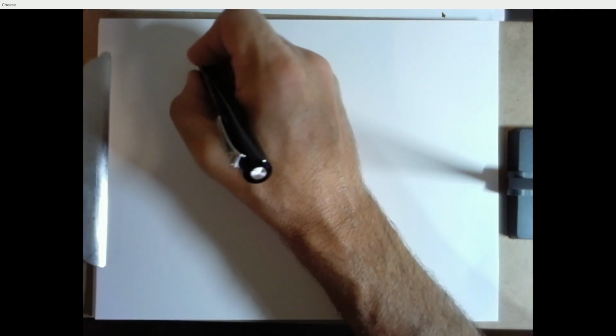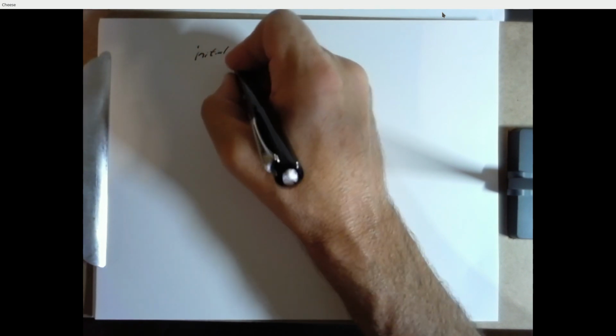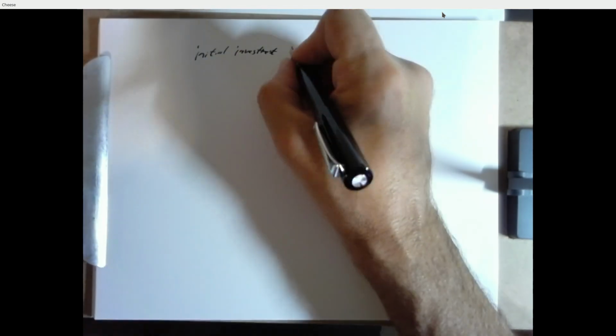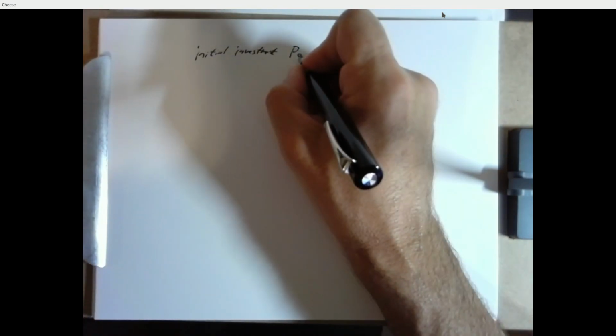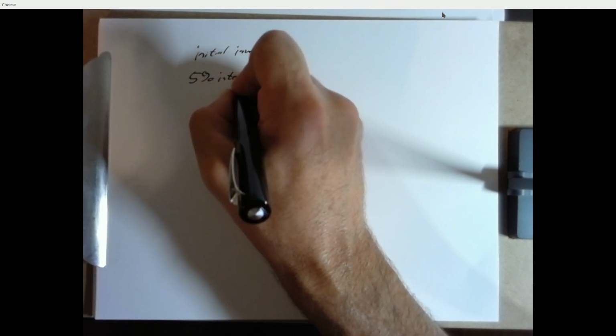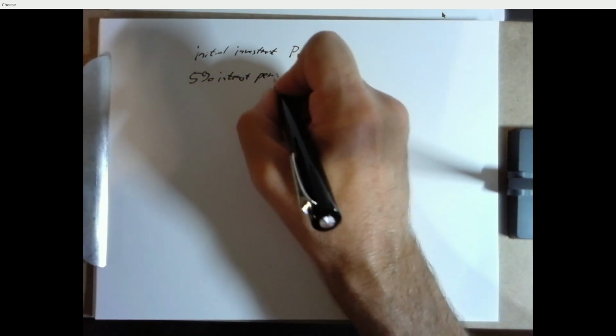And this has some useful applications. For example, suppose we look at interest. Suppose you have some initial investment of an amount P0, that's your original principal, and suppose you get 5% interest per year.